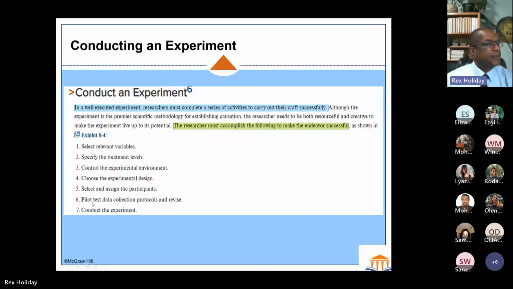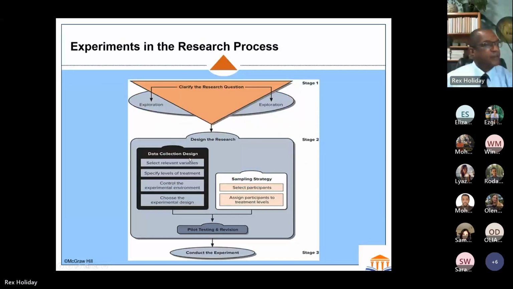This is the kind of stuff that you'll probably see later on the exam. So that's important to get. And then there again is the table that we use.